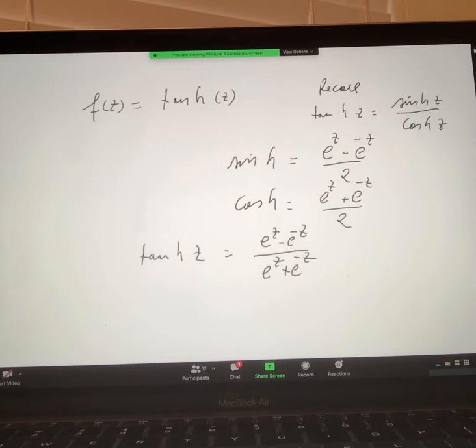So to determine the potential poles, they're going to come from this. That's all you have to solve to find the potential poles. That means really hyperbolic cosine becoming 0.